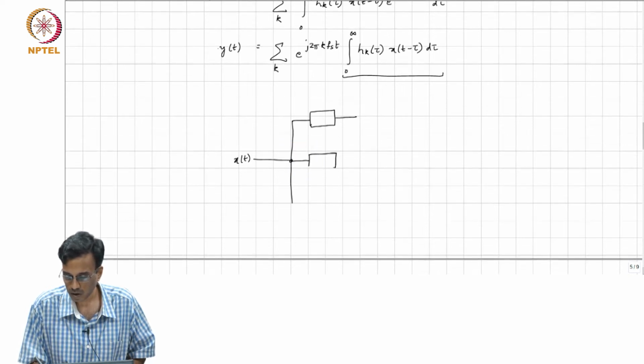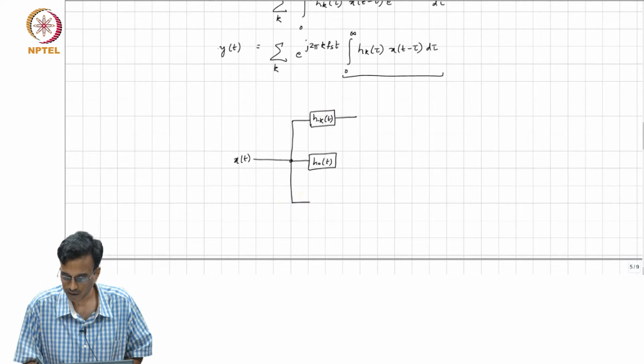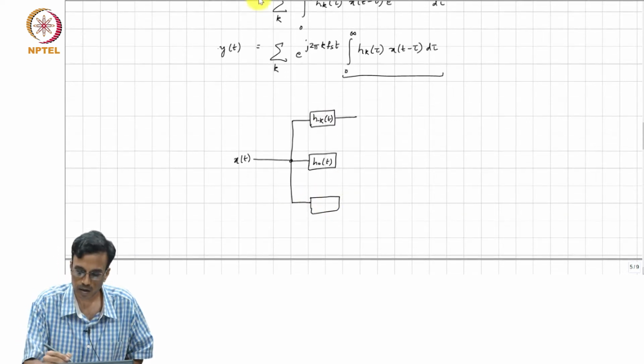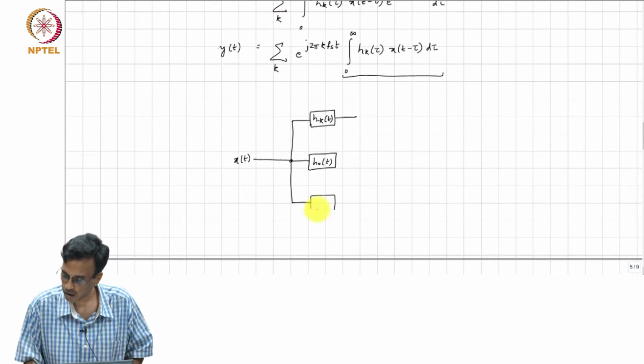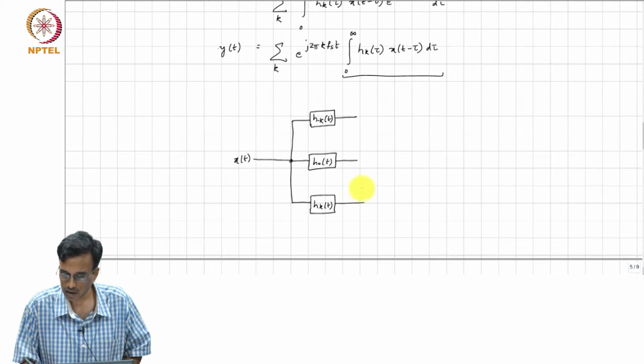So, the impulse response of this filter is h 0 of t, this is h minus k of t, this is h sub k of t. And what are we doing to the kth branch?